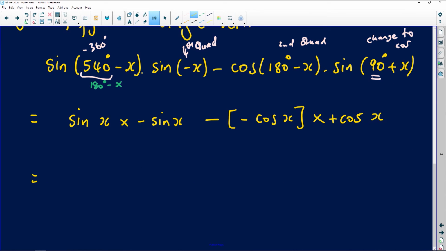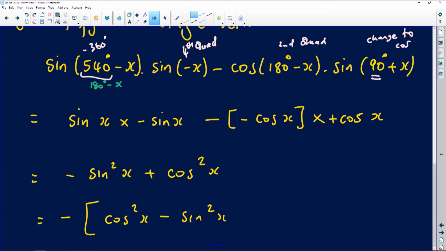What we end up with: sine times sine is negative sine squared of x, and negative times negative is positive. Cos times cos is cos squared of x. So I'm going to factor out a minus there, and I'm going to start with cos. So this is going to be cos squared of x minus sine squared of x.